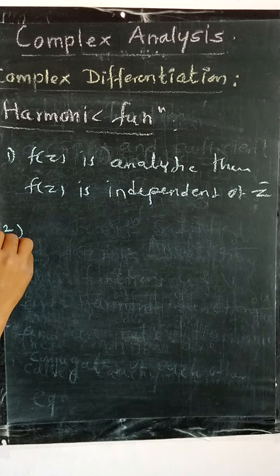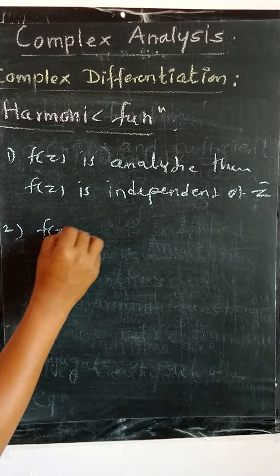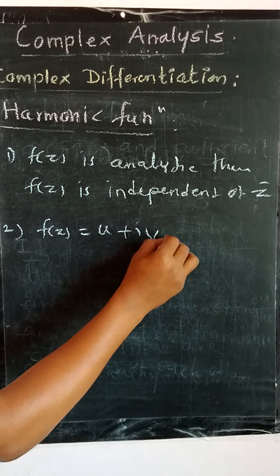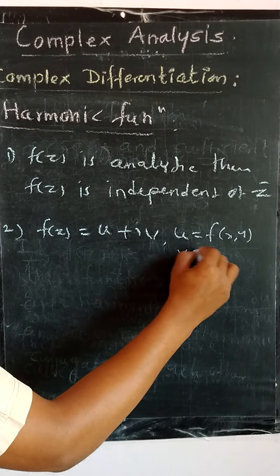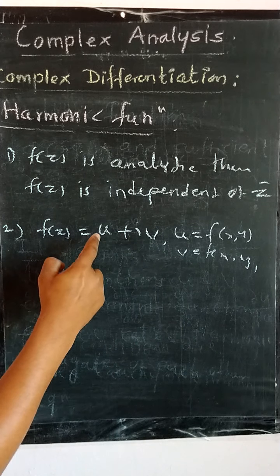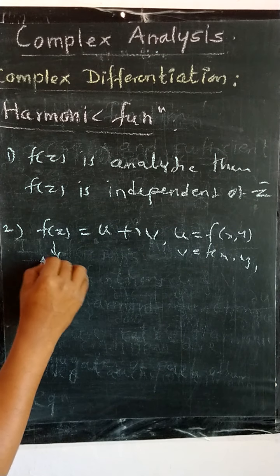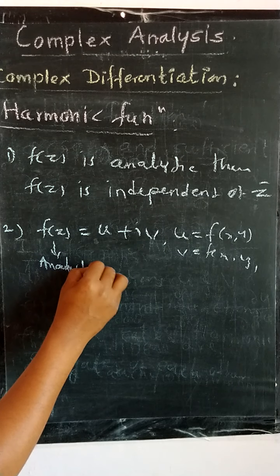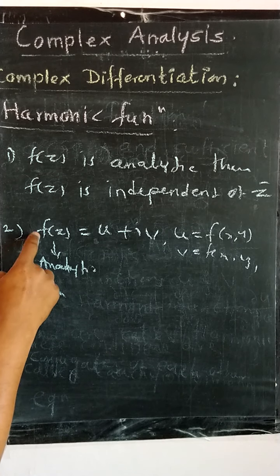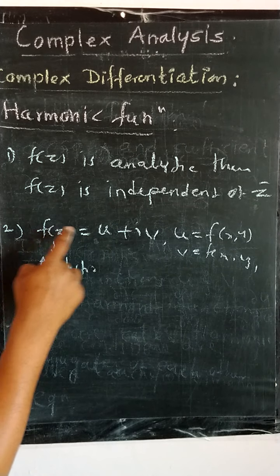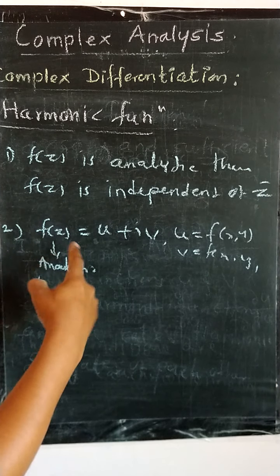And second thing, if f of z is analytic, and f of z is of the form u plus iv, where u is a function of x, y and v is a function of x, y, so u and v are the real and imaginary parts of this function. Now here this function is in the form of u and v, where u and v are functions of x and y. That means ultimately this function is in the form of x and y.